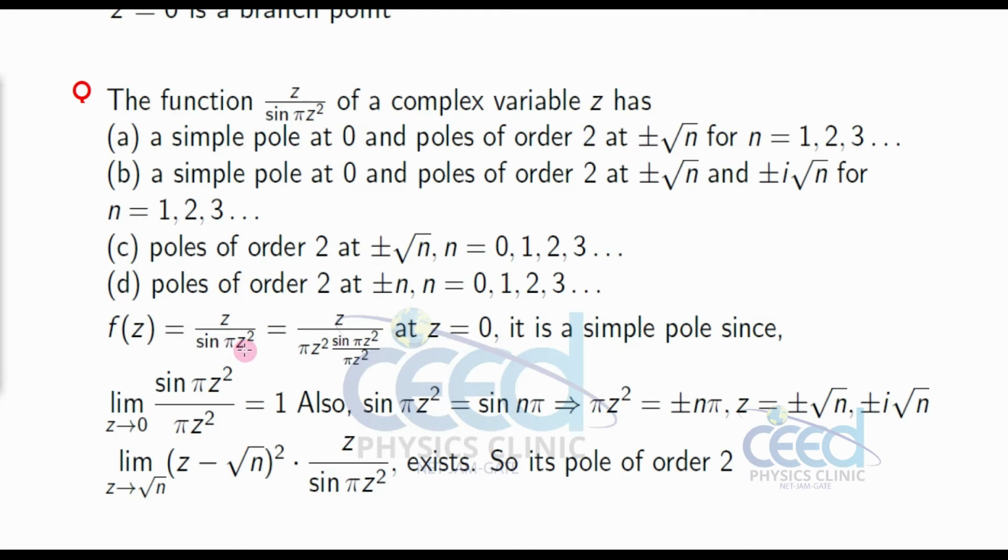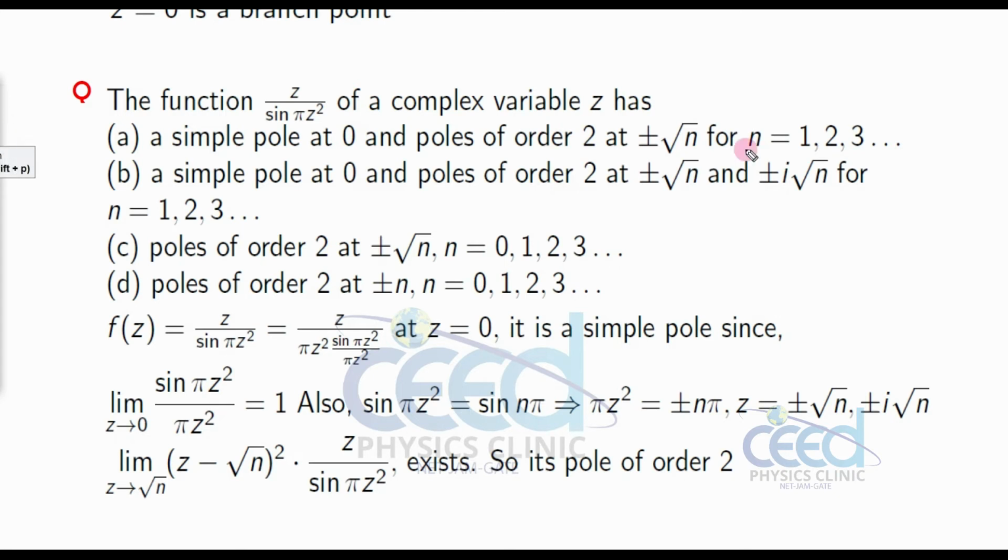So this pi z square is the angle of this sine, right? So if I write this as pi z square, sin pi z square by pi z square, right? So we can do this when this value blows up. To find out, we need not check the limit, we can go like this.